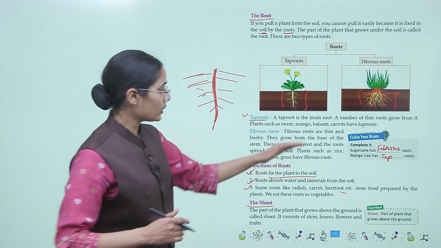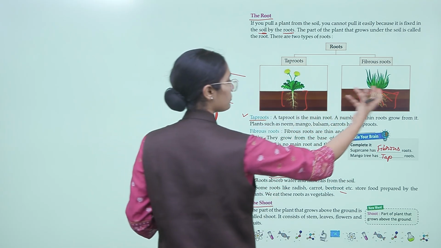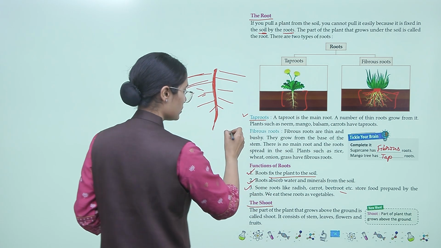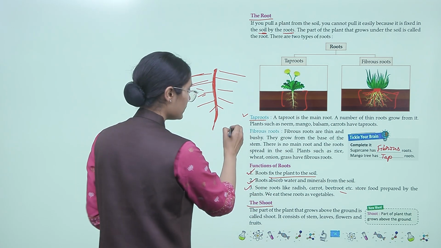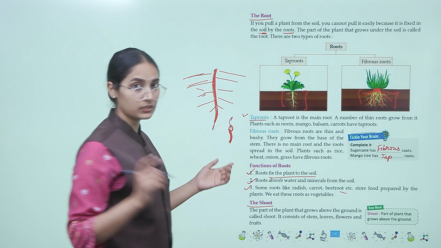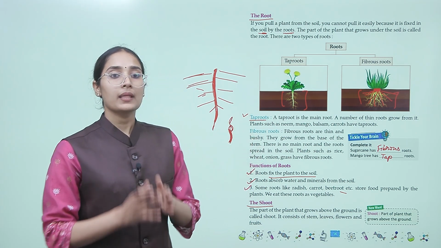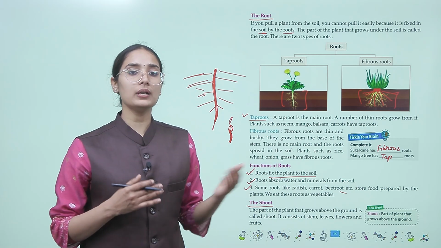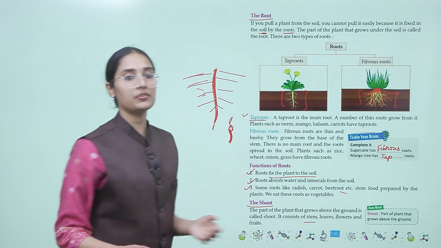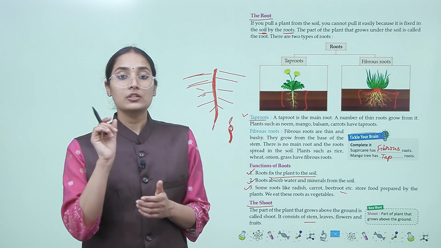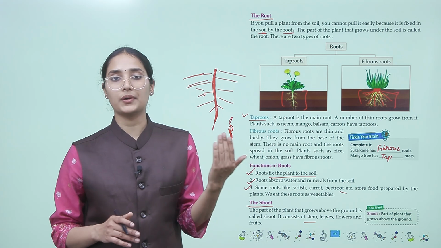Once the root has developed, not fully, but just one part, the next thing to come out of the seed is the shoot, and then slowly the shoot gets segregated into stem, leaves, flowers and fruits. So basically, the shoot is the part of the plant that grows above the ground.